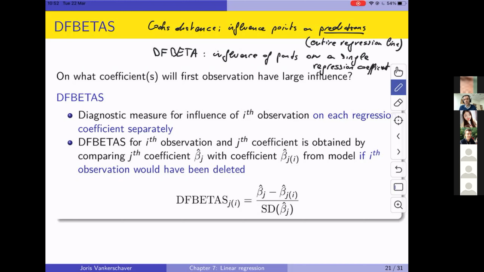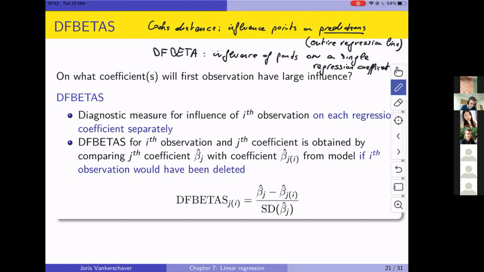So Cook's distance just says, okay, this point has a large influence on the line, but now DF beta is going to say this point has a large influence on the line, yes, but it does so through this coefficient. If we change this point right here, if we omit it, then this coefficient in our model is going to change by a lot. So it makes things a little bit more tricky to tabulate, because now we have not just one value per observation, but we have p values per observation.